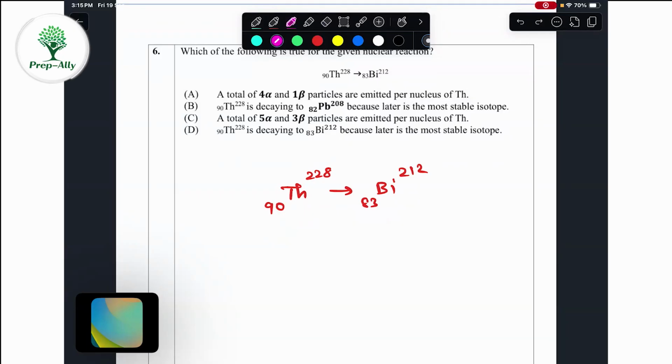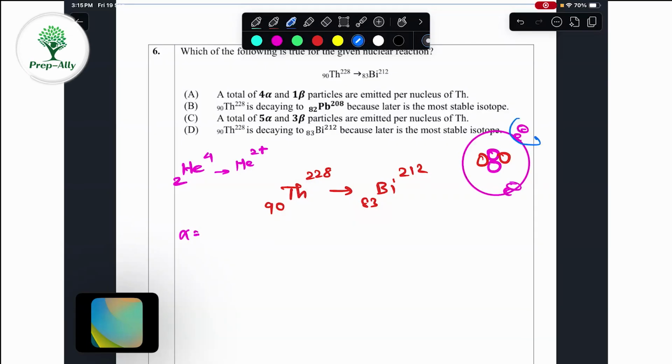What is an alpha particle? An alpha particle is nothing but 2 protons and 2 neutrons, I can say. It is a helium atom. In a helium atom, what else do you have? You have 2 protons and 2 neutrons and you have electrons also. But you are going to remove those 2 electrons so that you get the helium 2 plus ion. Let's say this is our 2 protons, this is 2 neutrons, and these are the 2 electrons.